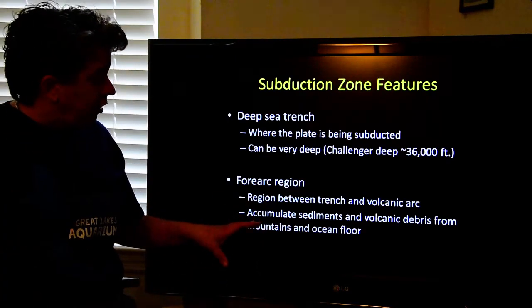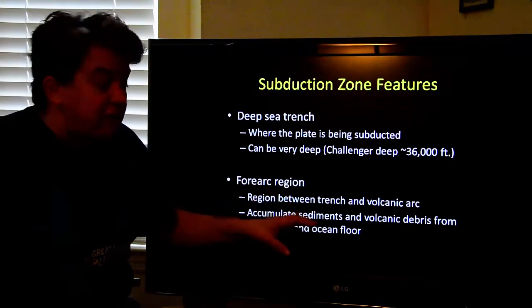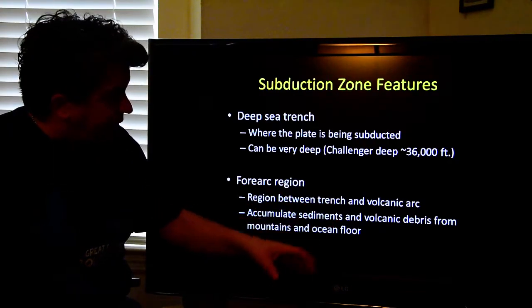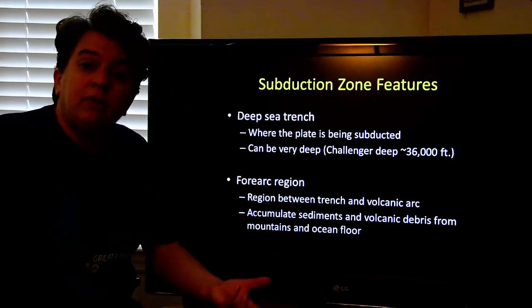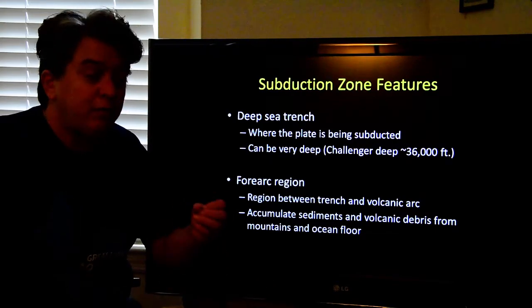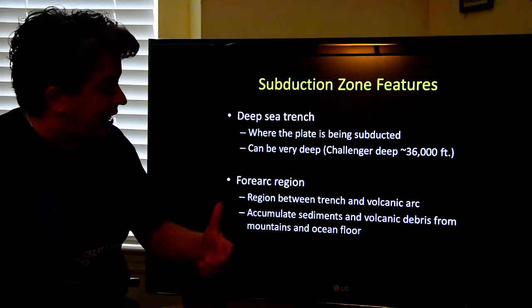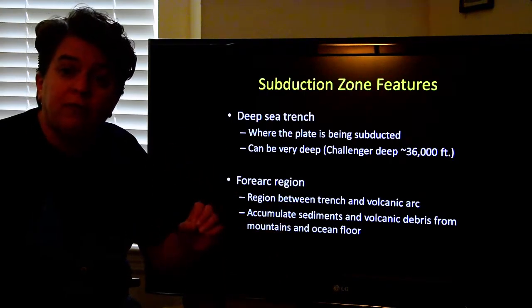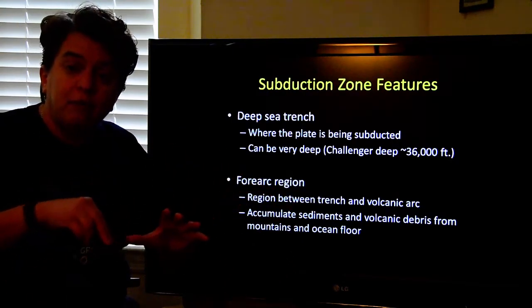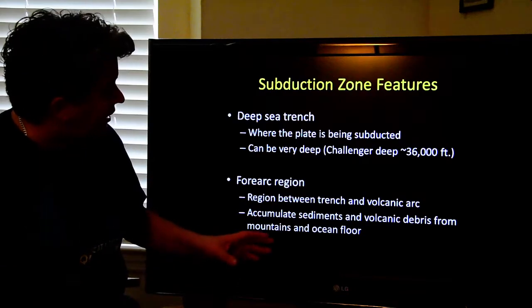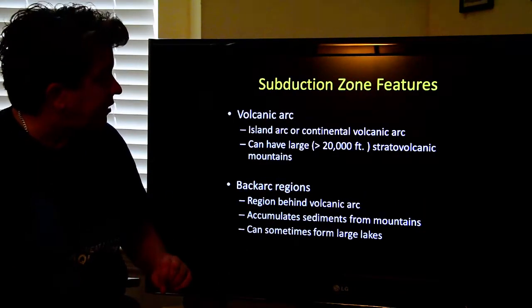Now in this forearc region, we get sediments and we get volcanic debris that's eroded from the volcanoes, and we also get some of these sediments and volcanic debris that's scraped up off the ocean floor. And that's really typically the rocks that you would see in this forearc region.